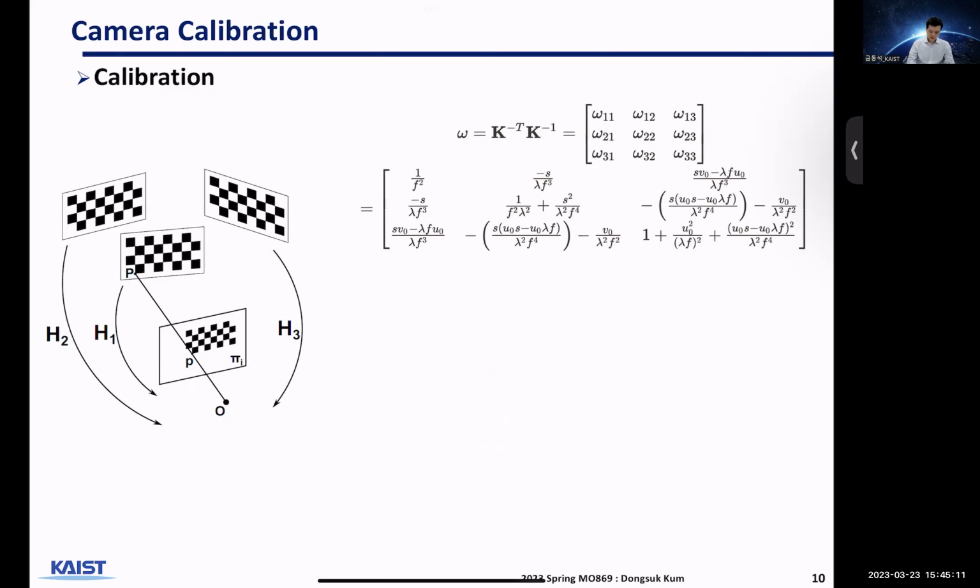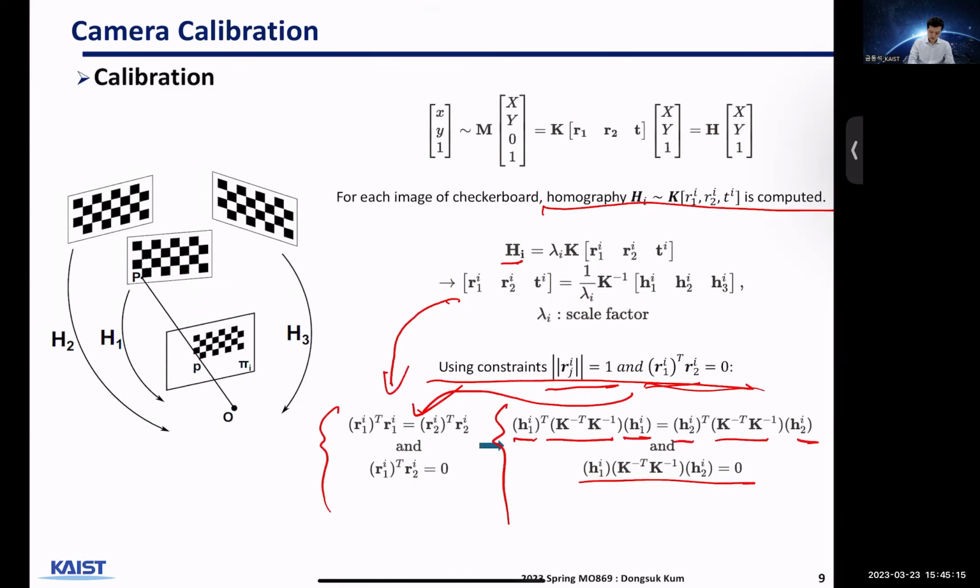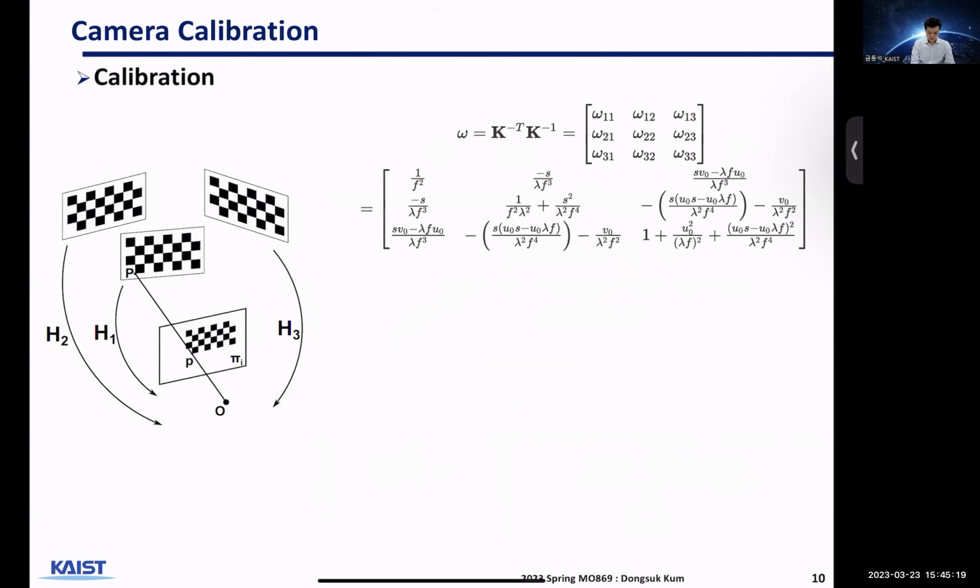So let's define this as omega, which is this. Then the omega 1,1, omega 1,2, omega 1,3 are as follows.